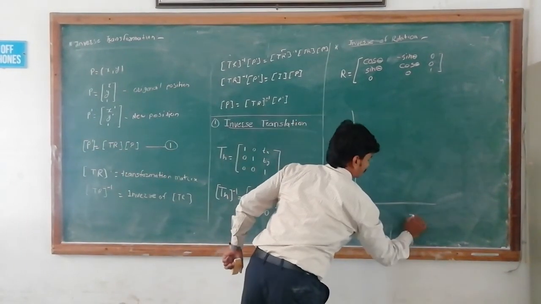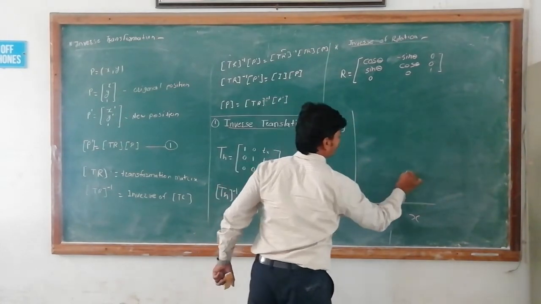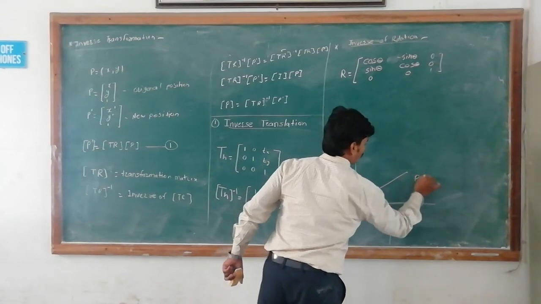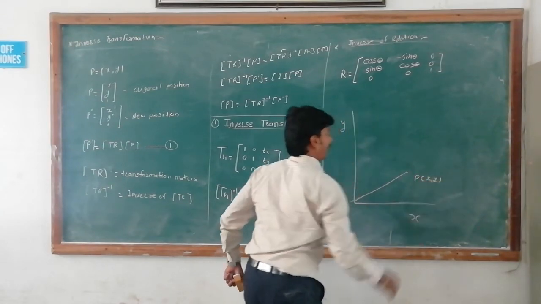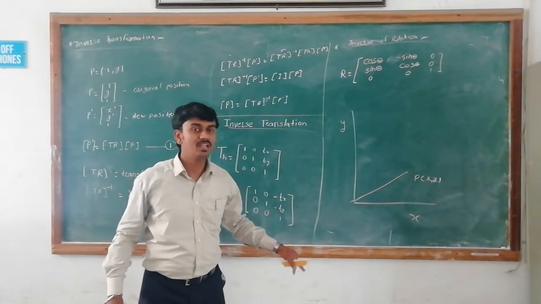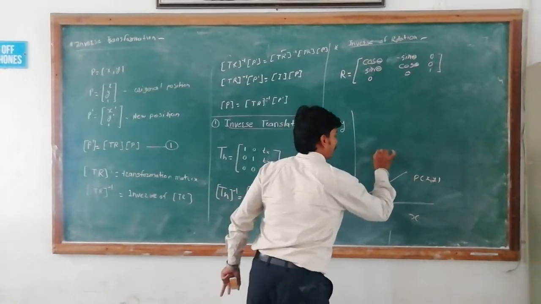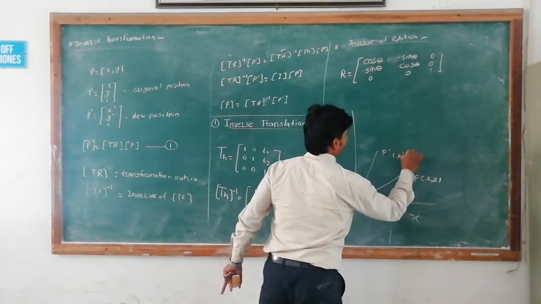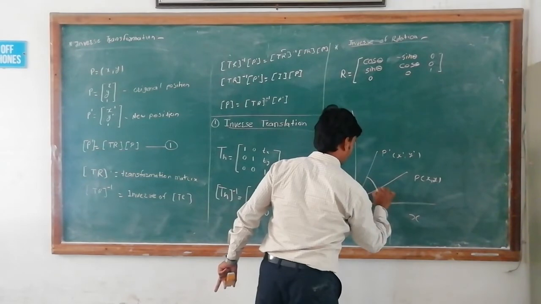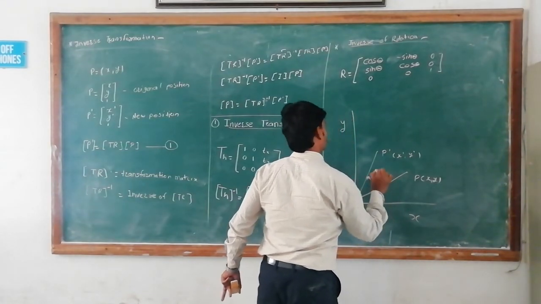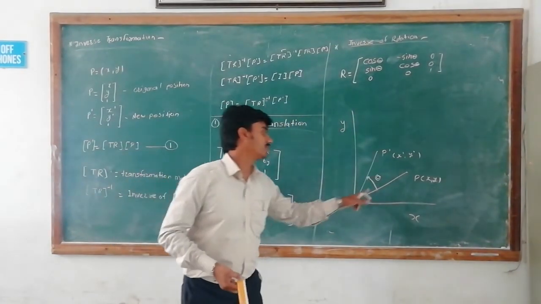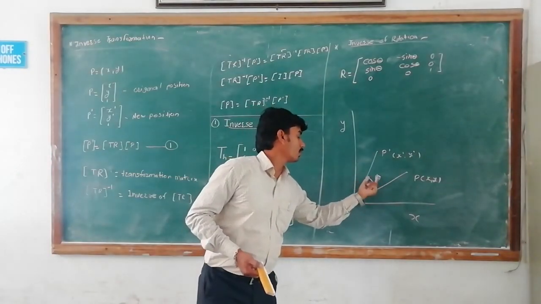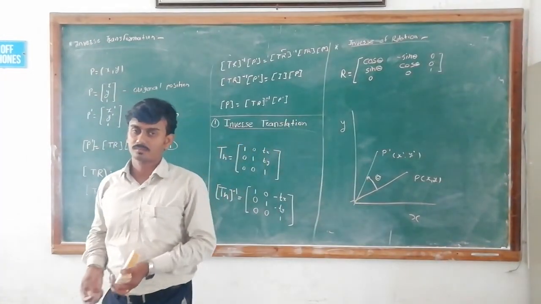Suppose this is our x-axis, this is the y-axis, and this is the point P having the coordinates x and y, and we rotate this point P to a new position P dash, x dash, y dash, by an angle theta, and this theta is measured in the counterclockwise direction.